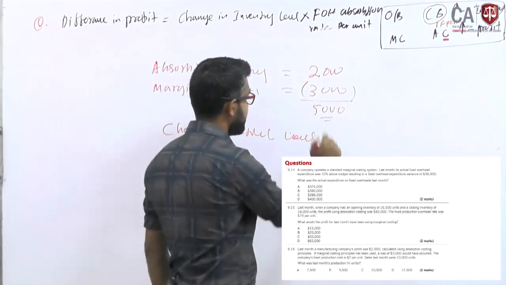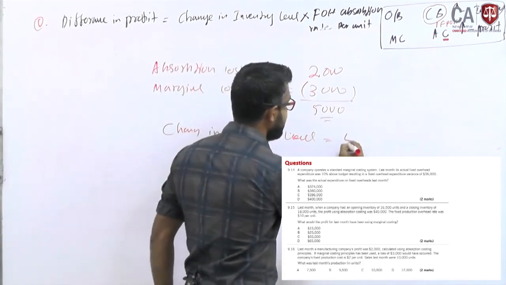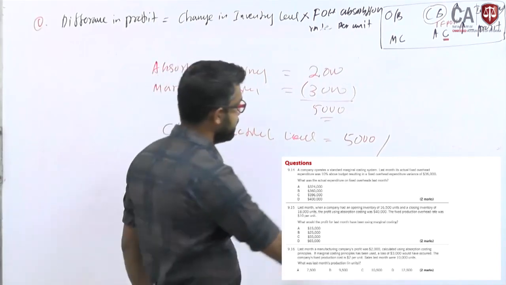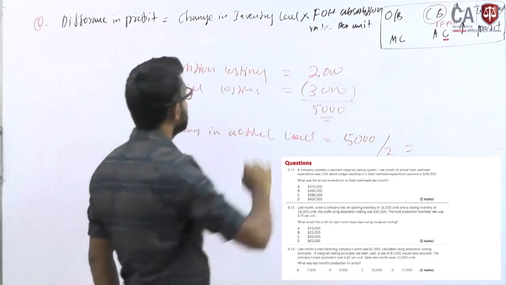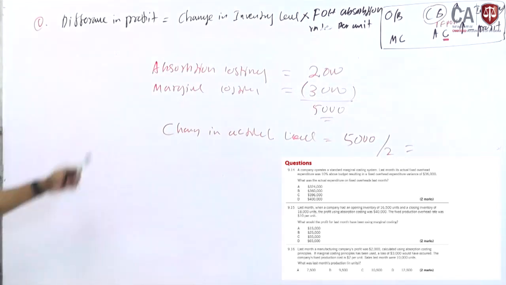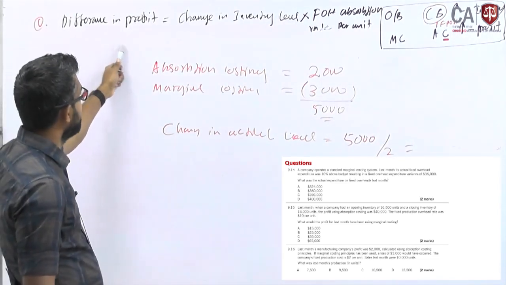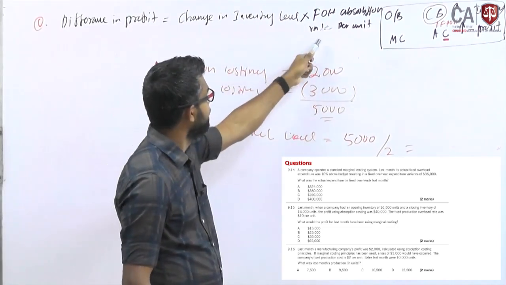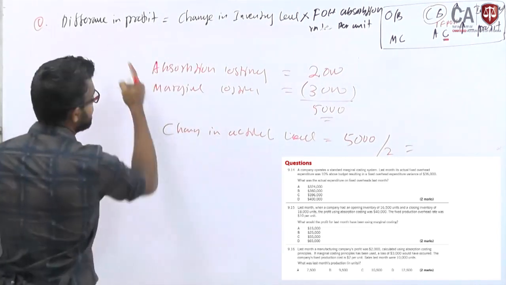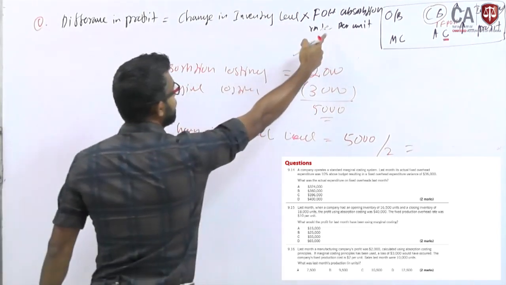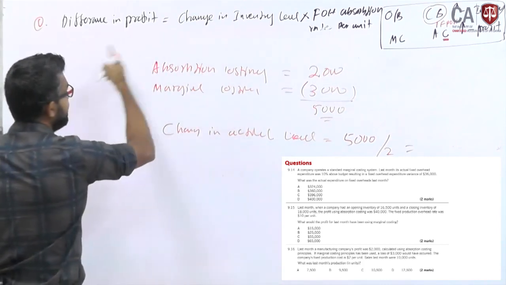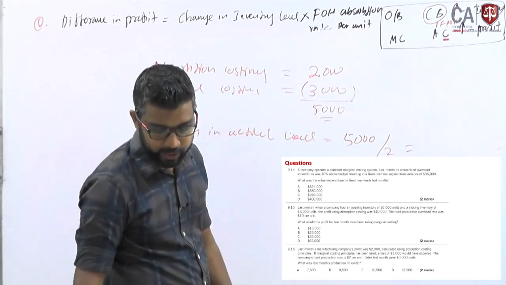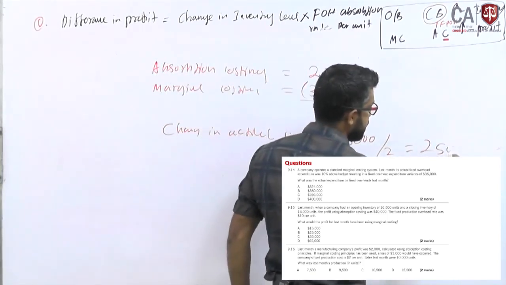Change in activity level is the change in profit divided by the absorption rate. Apply this formula: the change in profit is 5,000, and we have the absorption rate, so 5,000 divided by 2 gives 2,500 units.